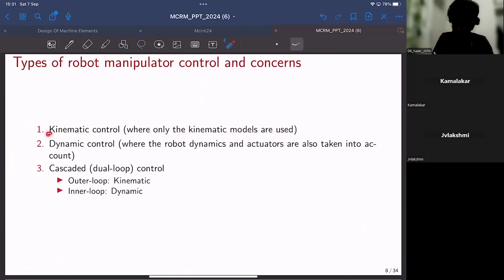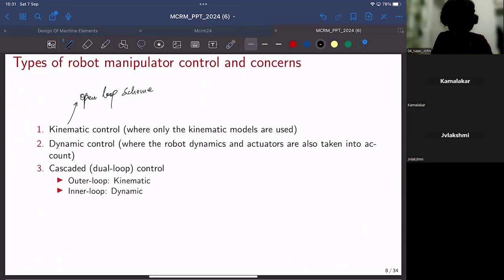You can use kinematic control when your robot is moving very slowly, where the effects of inertia can be more or less neglected, or if the dynamic properties are not very influential on the robot's final performance. And you can have two different schemes of kinematic control, the first of which is open loop.